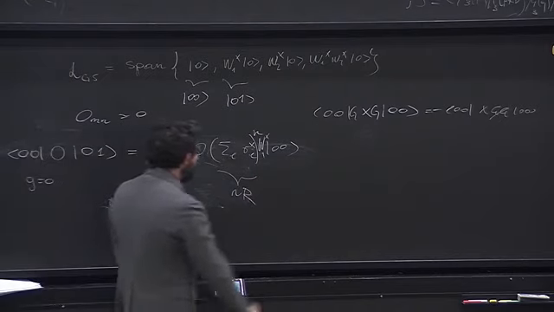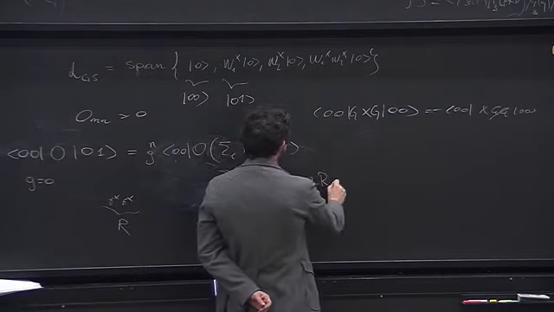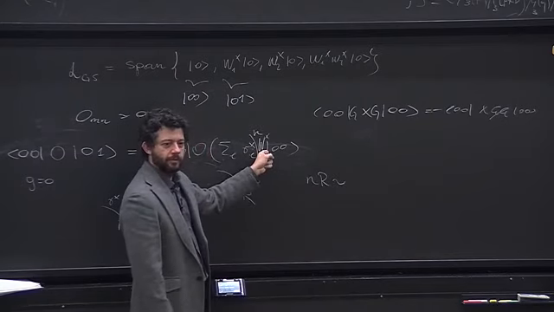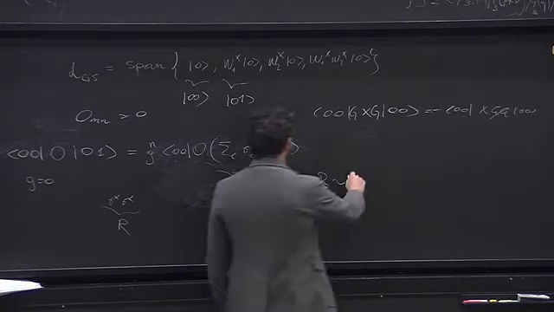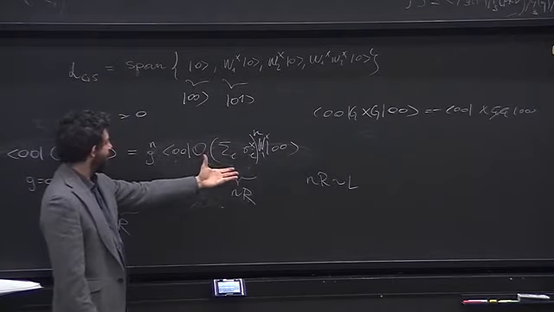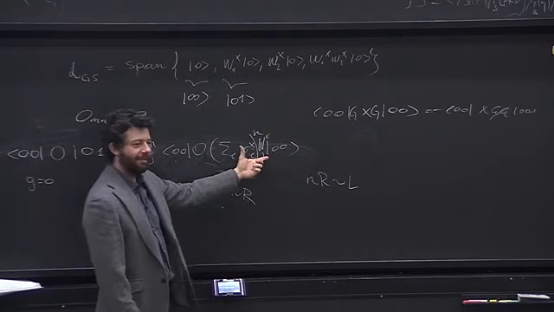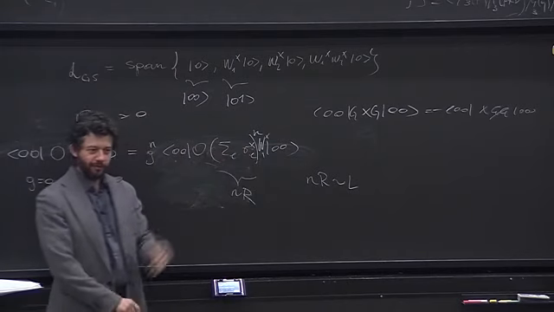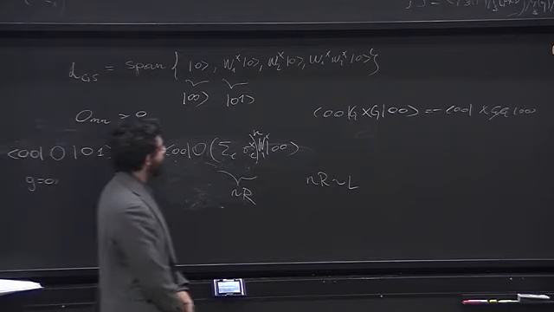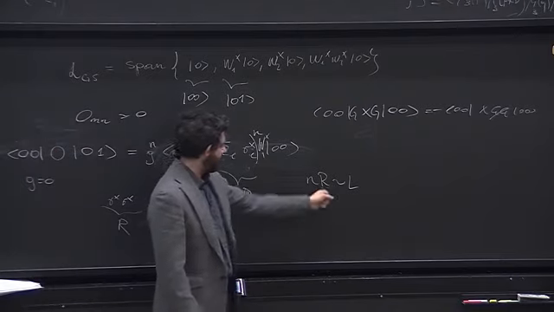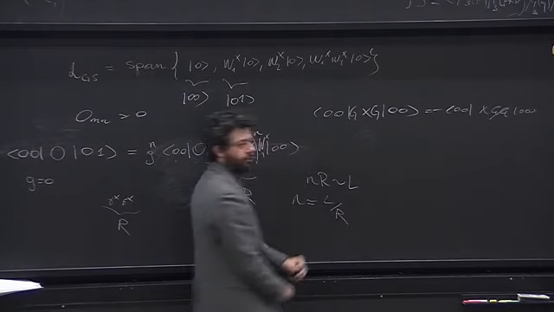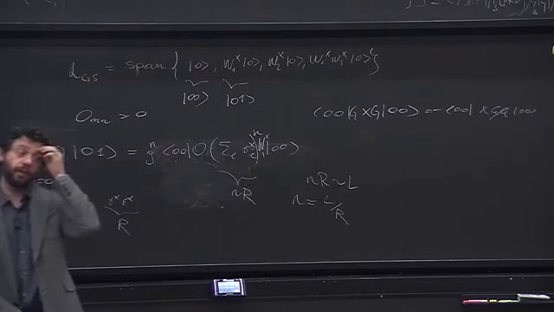So you see that if nR is more or less equal to the length of W, I might have, in perturbation theory, some operator that actually annihilates this such that the expectation value is not 0. So at n equal to L over R in perturbation theory, I might have a correction.